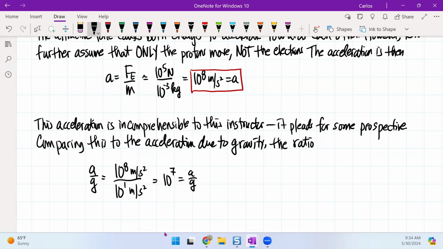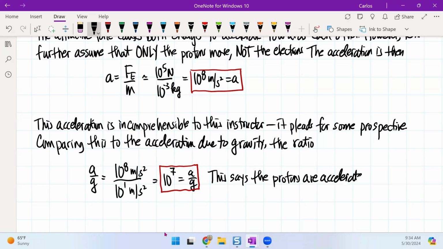In other words, A over G is this ratio here. Again, I don't know what this means here, but numerically, this says the protons are accelerated 10 million times higher than gravity.